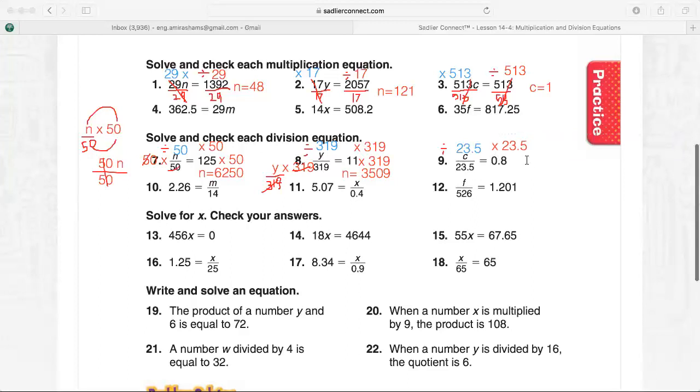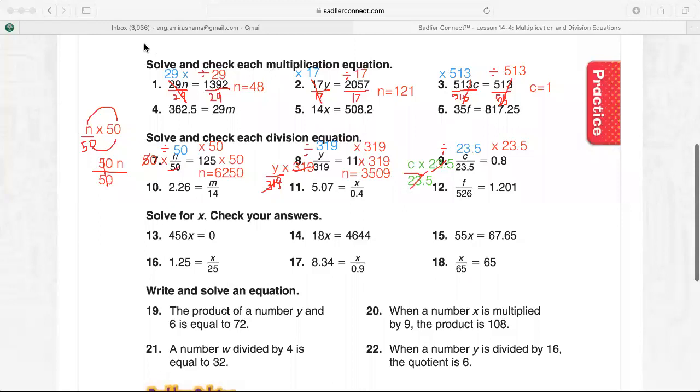You will write C over 23.5 multiplied by 23.5. Yes, they will cancel each other, so C will be isolated here.